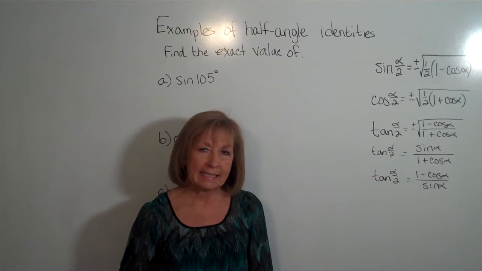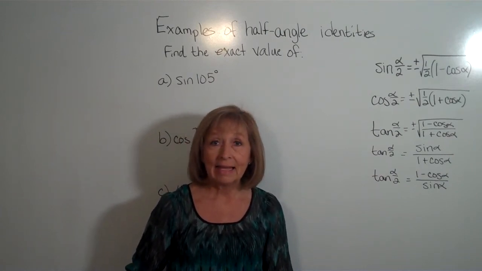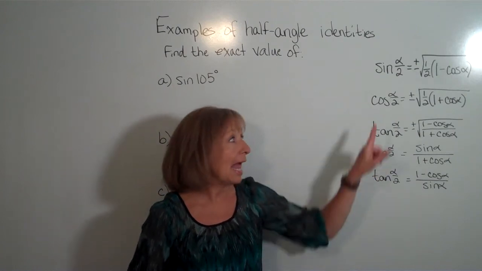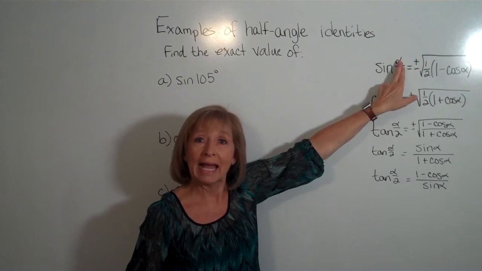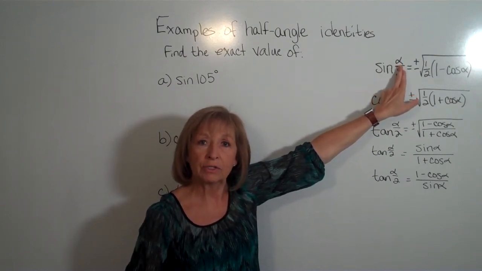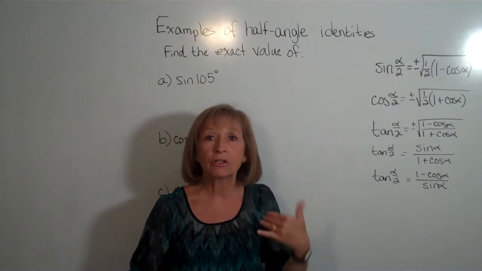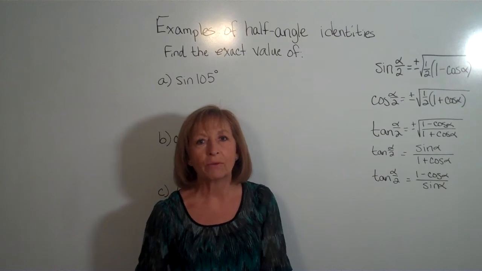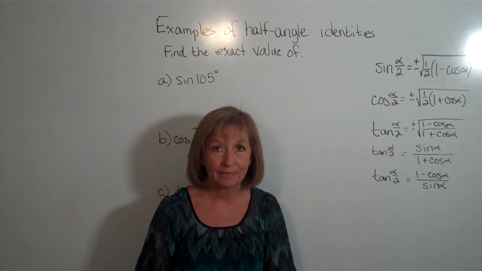Here you have to choose the correct sign that the trig function acting on the half angle would have for where that half angle is located, whether it's a quadrant 1 angle, quadrant 2, quadrant 3, or quadrant 4, and then pick the correct sign depending on whether that ratio should be positive or negative.